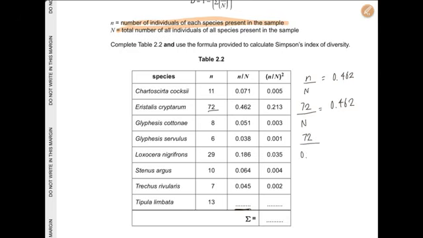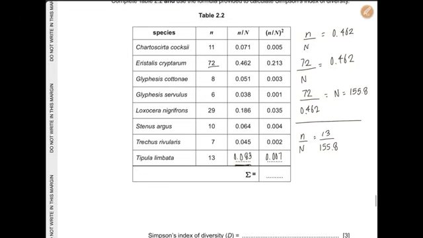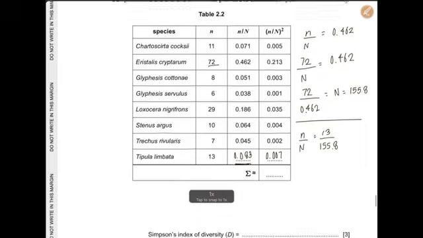So 72 divided by 0.462 equals N. And for the last one, n over capital N is going to be 13 divided by 155.8, and that is going to be 0.083. And then to find (n over N) squared, you just have to square 0.083 and you will get 0.007.